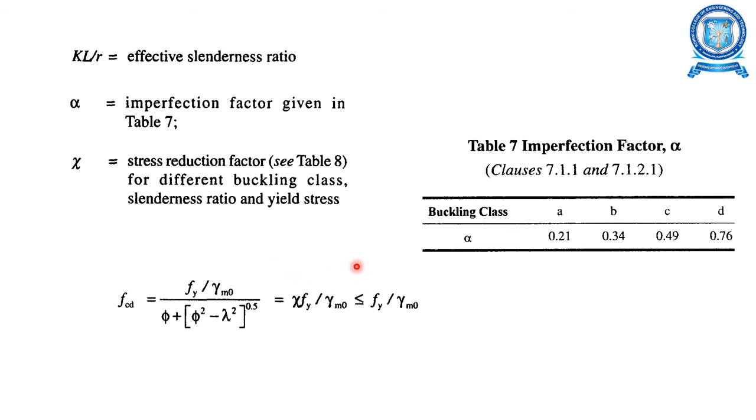It is given in Table 8 of IS 800:2007 for different buckling classes. On the y-axis the slenderness ratio KL by r is given in the table, and on the x-axis the yield stress is given. Based on this, we have to choose the chi value, substitute all the values in the equation, and finally find the design strength of the compression member.